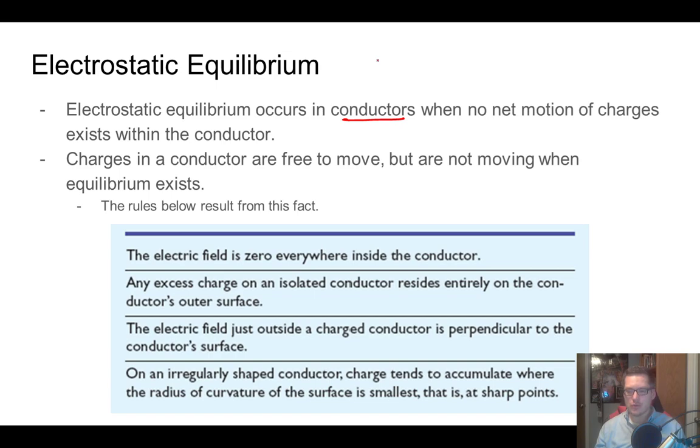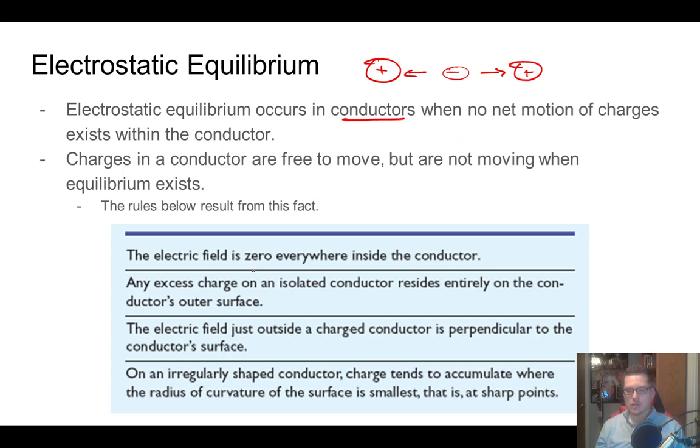For example, if you have a positive and a positive here, and then you put a negative charge right in the middle of them with no forces pushing up and down, this negative charge has the freedom to move. We could grab it and move it, no big deal. But because this force attracting it this way is exactly counteracting this force pulling it this way, it's not moving. We would establish that as electrostatic equilibrium.